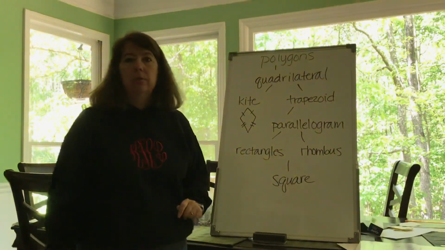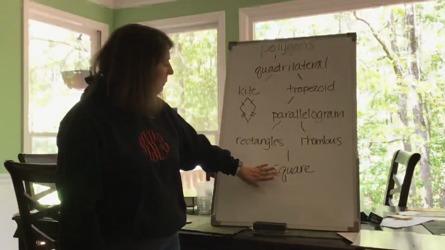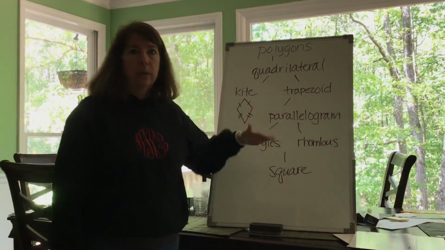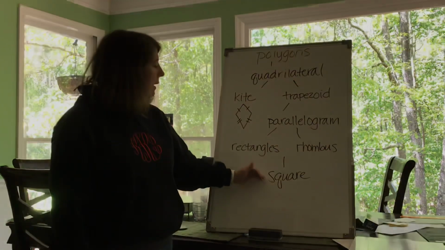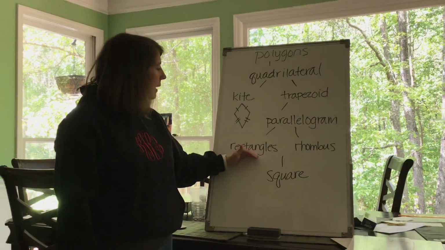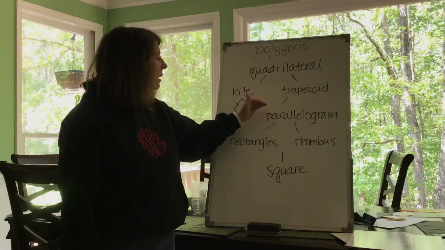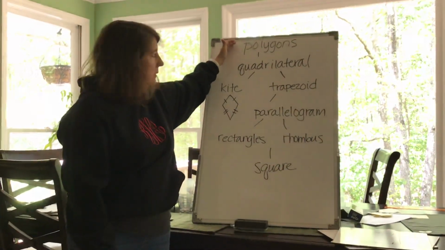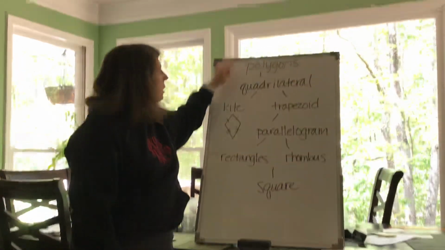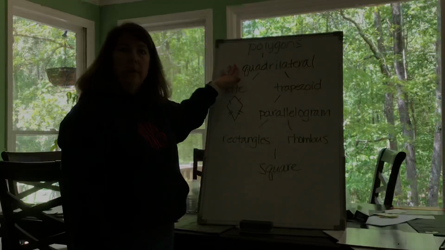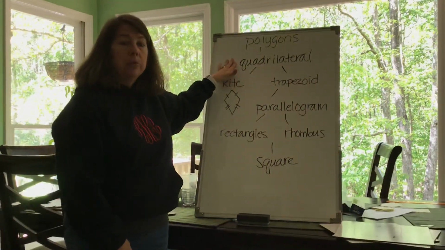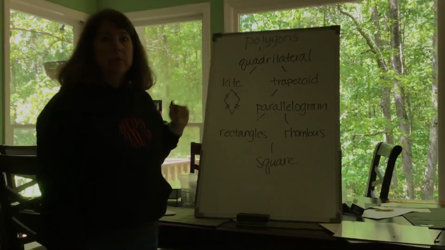So when you are finding different names, you always travel up. So think where your arm is going, that all squares are rectangles, rhombuses, parallelograms, trapezoids, quadrilaterals, and these are all polygons. All polygons are not quadrilaterals. We know that there's other polygons, like a three-sided shape, which would be a triangle, or a five-sided, which is a pentagon.